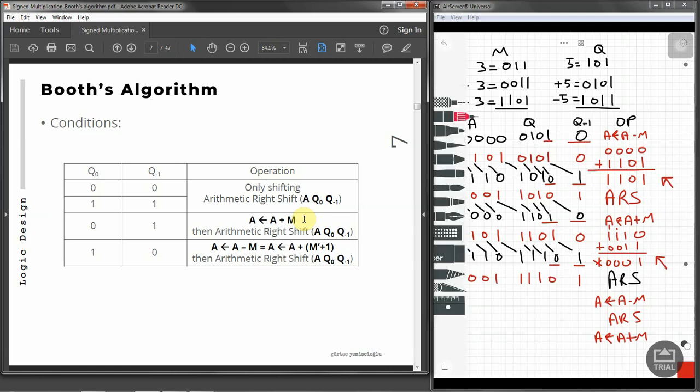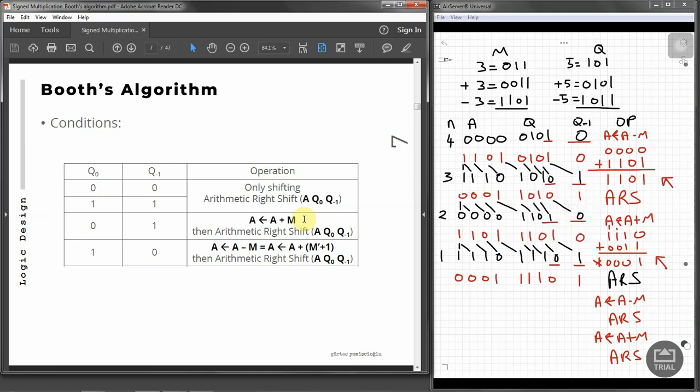Then we have to perform arithmetic right shift once again, and that's going to be 0 0 0 0, then 1 1 1 1 0. Now that's n is equals 0.